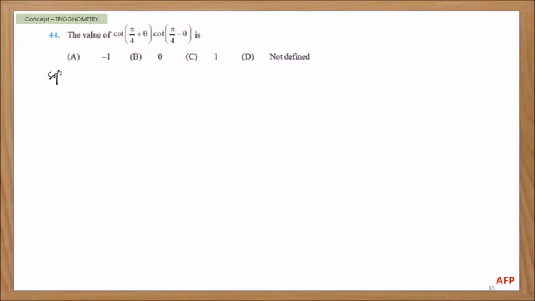Okay, cot 45. So a very simple and simplified answer which we are having here. So cot(45 plus theta) cot(45 minus theta).